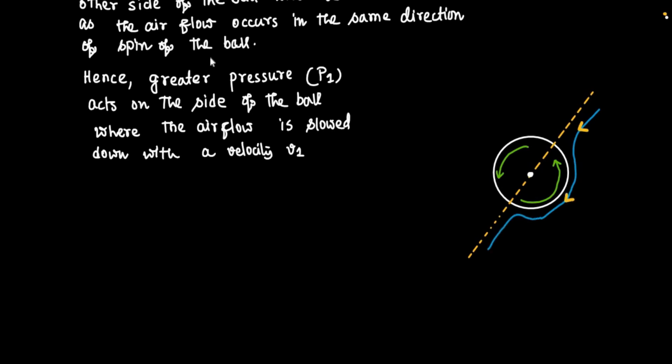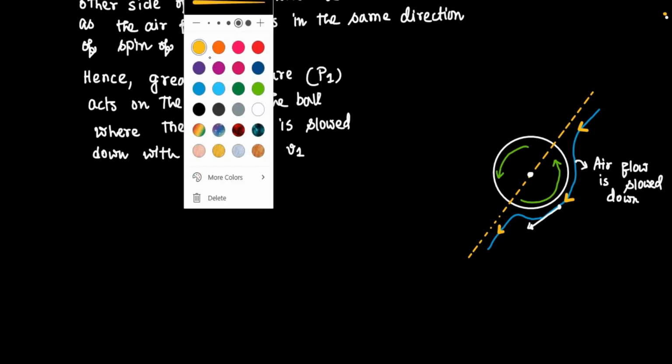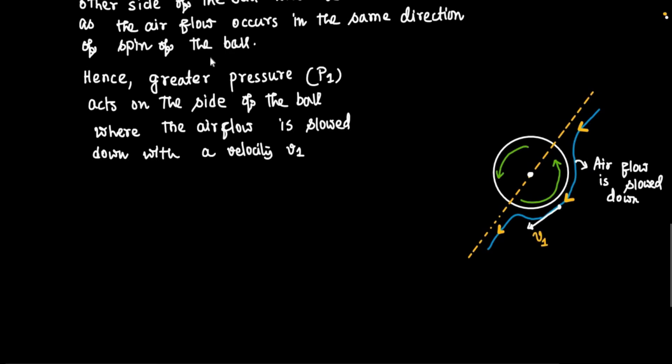In this direction. If we denote a point, this is what the air is flowing, and this airflow is slowed down because air is flowing in the opposite direction of spin of the body or ball, and the velocity with which air is flowing on the right side of the ball is v1.